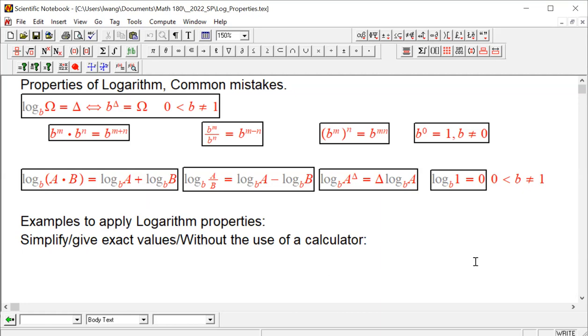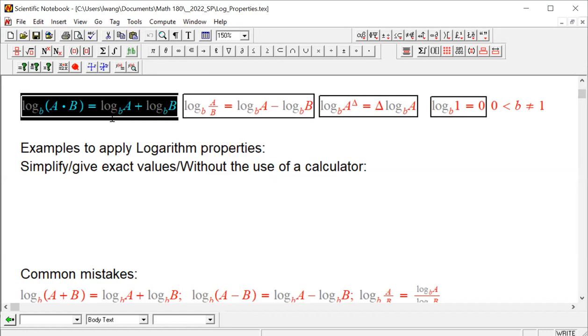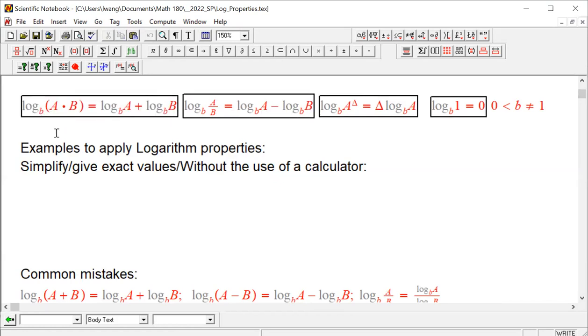Now, the use of these properties could be from left to right or right to left, depending on the situation.